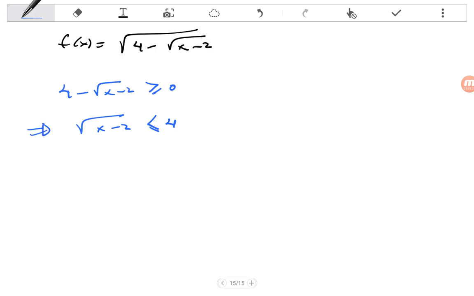Why? I just told you before that we cannot always square both sides of an inequality. But it is allowed when both sides have the same sign. For example, if I had 1 and 3, 1 has the same sign as 3. They are both positive.